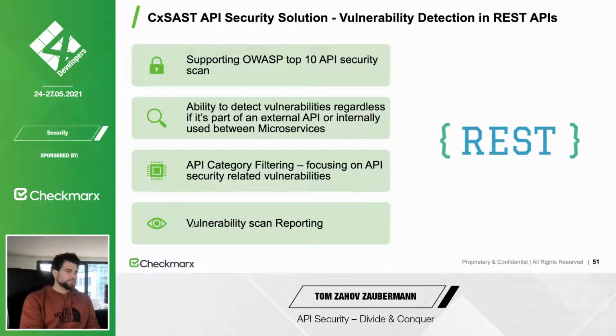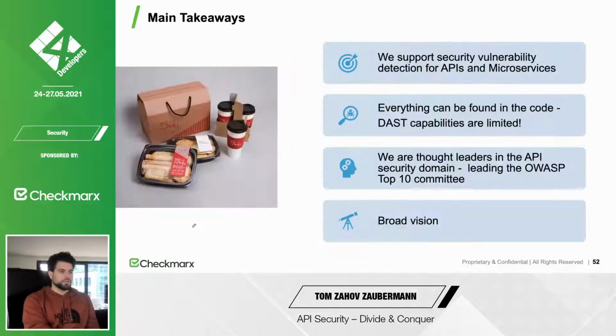And of course, this focuses on API security related vulnerabilities. We have other security issues too, not only API. Main takeaways: supporting detection of API issues, everything can be found in the code. It's nice to do DAST, which is basically a kind of penetration testing, but at the end, if you look at the code, you can find things super easy and fast.